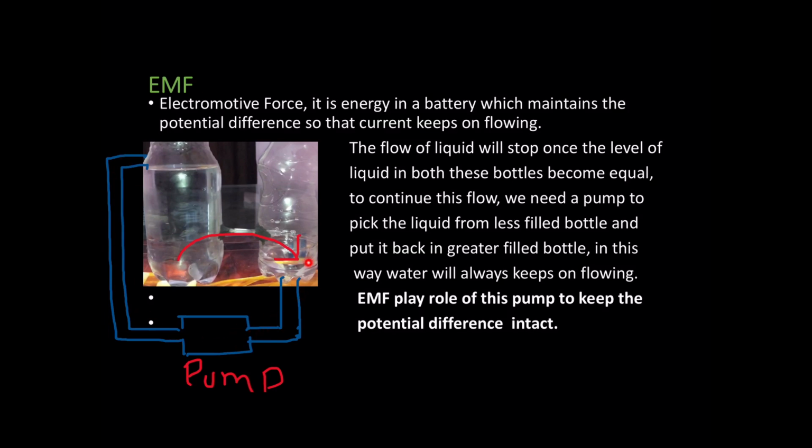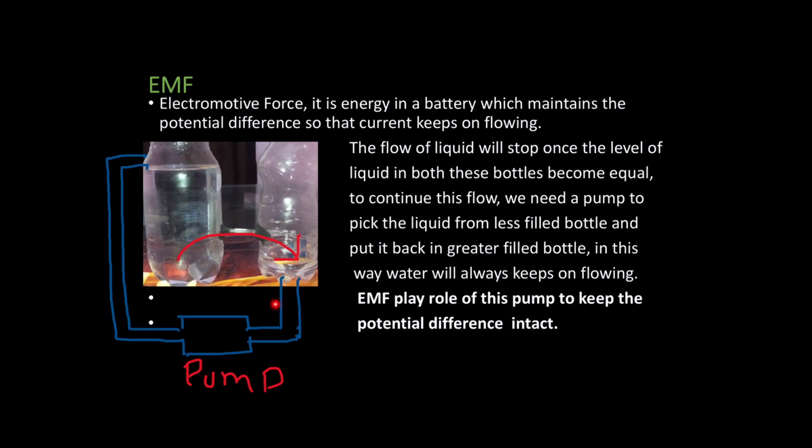So this pump will be picking the liquid from the bottle having the lesser level of liquid, and it will be pumping this water to the bottle containing the higher level of liquid. In this way, the level in the first bottle will never become equal to the level of liquid in the second bottle. This difference of liquid levels will always be there. It will never become equal.